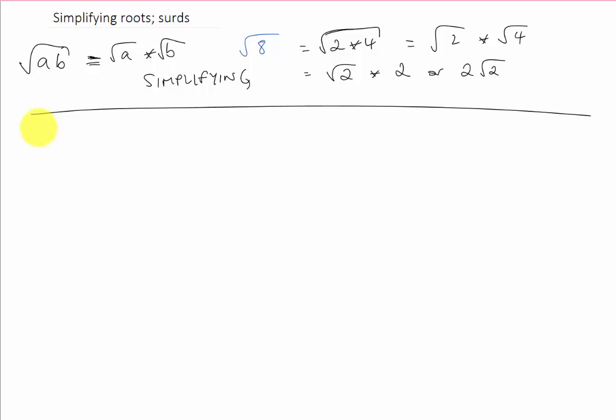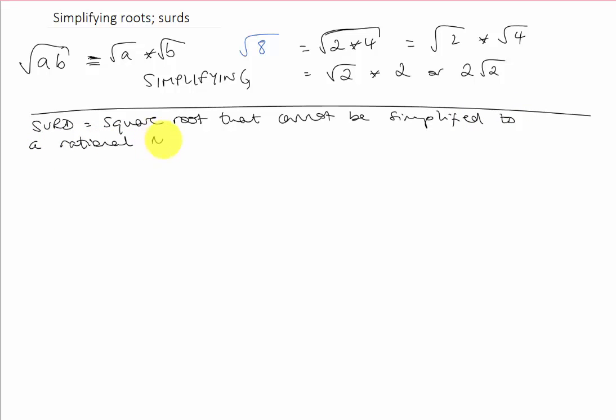So a surd is a square root that cannot be simplified to a rational number.